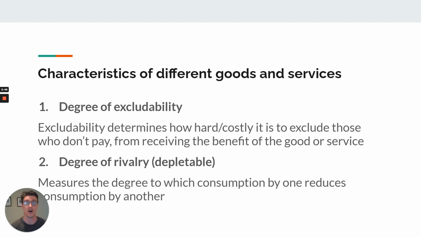Secondly is the degree of rivalry, whether something's rivalrous or not. Now, it's a bit of a fancy word, so I like to think of it as depletable or depletability, which I don't think is a word, but it's okay for you to think about it that way. And really what that looks at is the degree to which one person's consumption, say my consumption, reduces the next person's consumption, so your consumption.